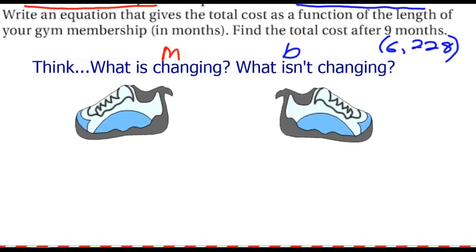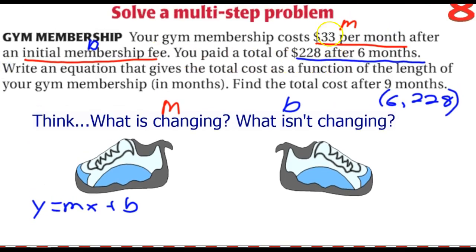If we write this like an equation, y equals mx plus b, we need to think, what's our m? Well, our m is the thing that changes. So we have $33 per month.